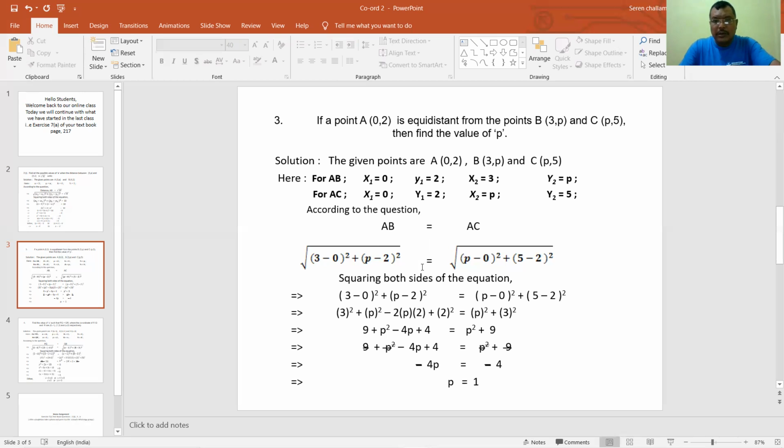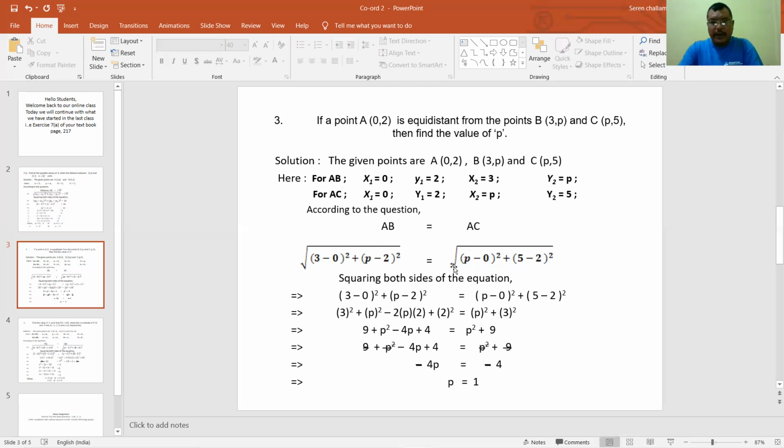It is equal to the square root of, for the distance from A to C, your x2 is p and your x1 is 0, whole square, plus your y2 is 5 minus your y1 is 2, whole square.